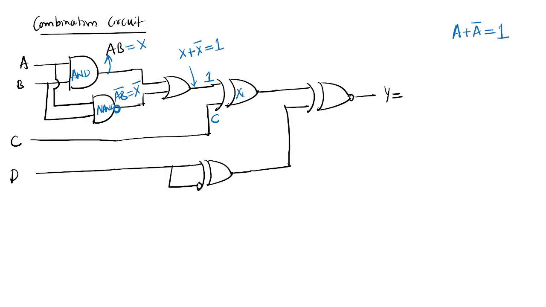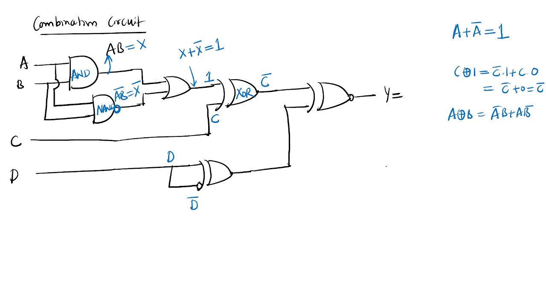A XOR B is A bar B plus AB bar, so C XOR 1 is C bar and 1 plus C and 1 bar, which means C bar plus 0. This is C bar. And here D, and this is D bar.